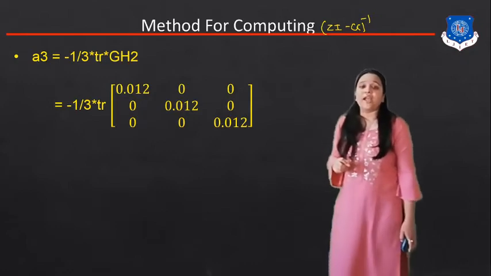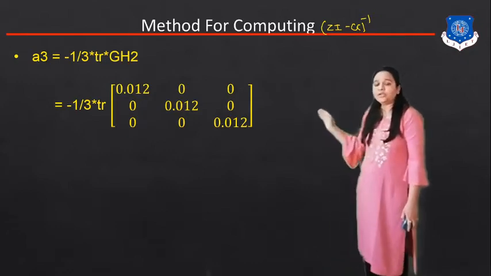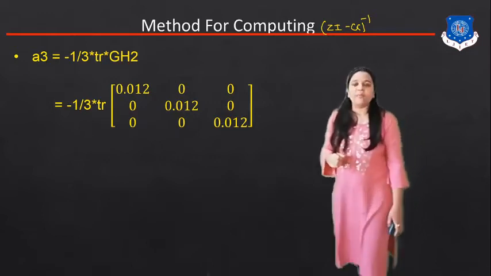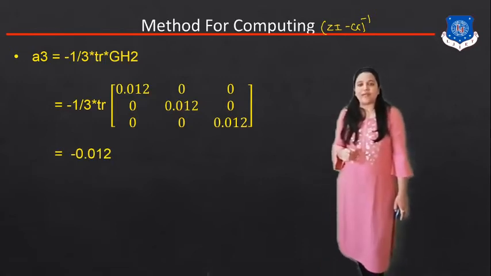Now we have to find the value of the trace. So 0.012 plus 0.012 plus 0.012, and then we divide by 3, so we get minus 0.012. So this is the value of A3.